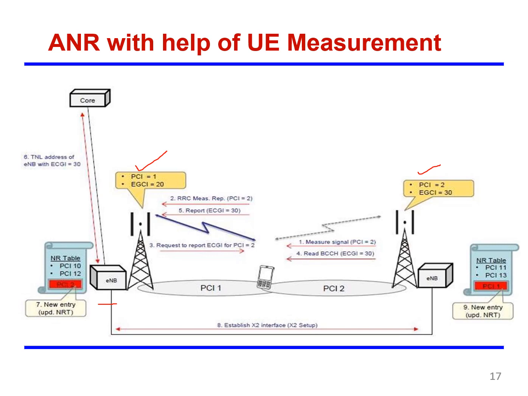Suppose we have taken a user at the cell edge, and this user is getting coverage from this eNodeB, and let's take a case that he is tending to move towards the other one. Suppose this PCI 2 is not defined in this eNodeB PCI 1, then what will happen? If the neighbors are not defined, when the customer is moving towards this direction, the call will fail, the call will drop. So how will this be detected?